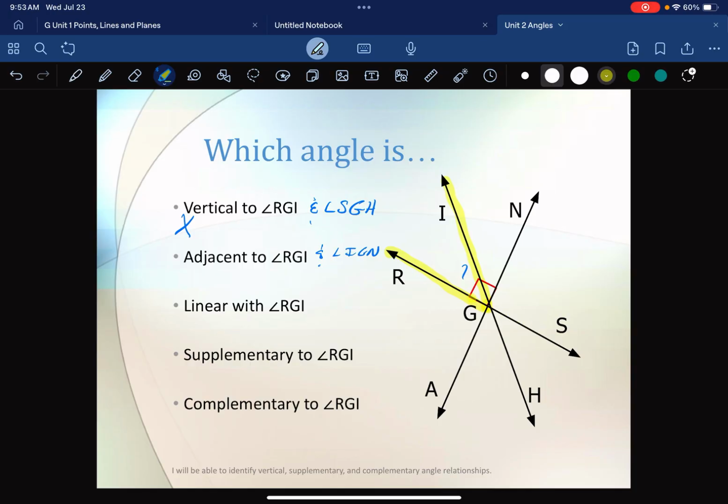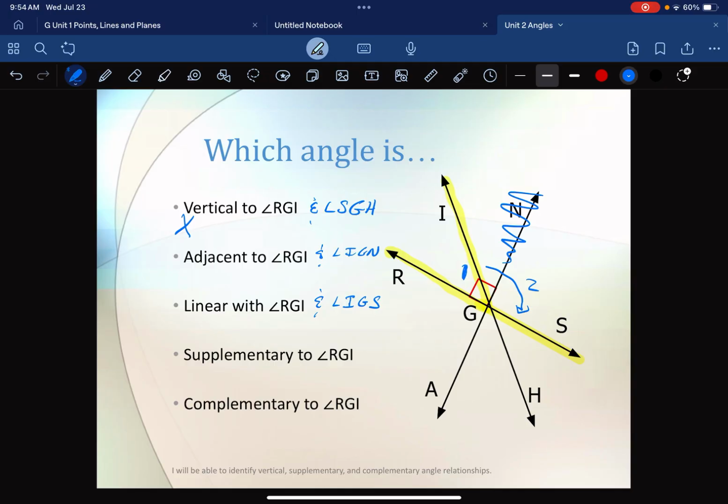So I want to extend RG back the other direction, and so RGS, that's the straight line. Now the two angles that are the linear pair are angle 1 over here, the original, and then this large angle. You've got to ignore this because it's not highlighted. So RGI is one angle, and then IGS would be the other one.